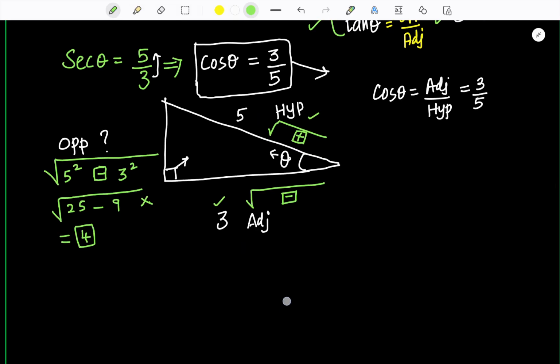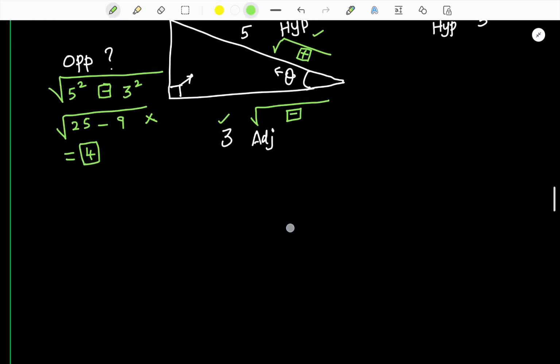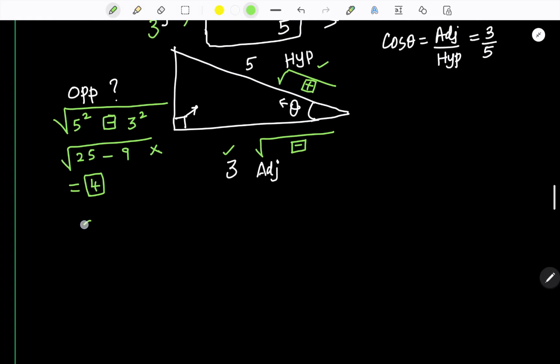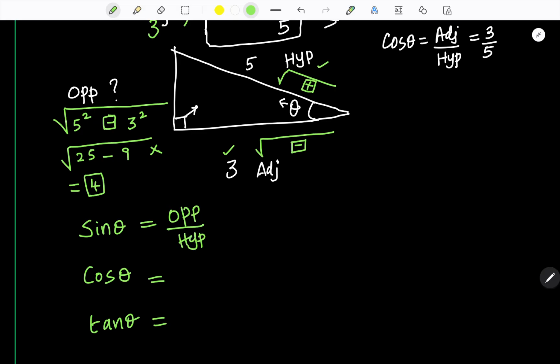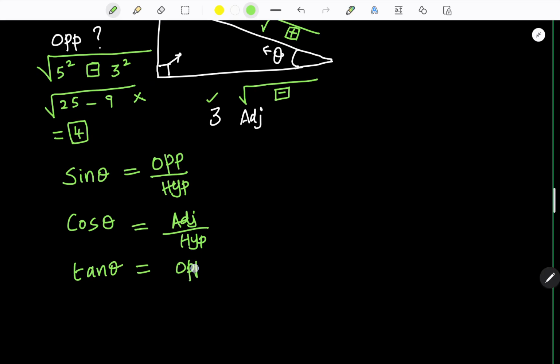All the 3 sides are available now. So now you can write everything, right? So we can write sine theta and we can write cosine theta and we can write tan theta. No problem. We can write the formulas once again. Sine theta is opposite side divided by hypotenuse and cos theta is adjacent side divided by hypotenuse and tan theta is opposite side divided by adjacent side.